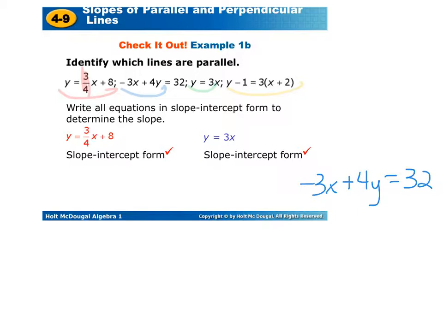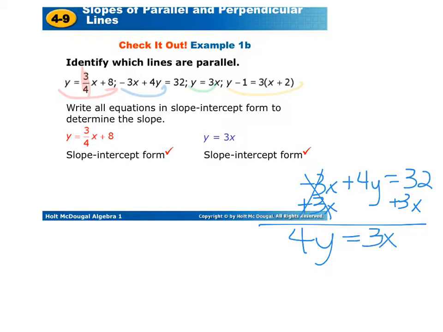What do I need to do to get y by itself? I need to rearrange it. Move the x over first. Good. So plus 3x. So now it's away from the y. And now I'm going to divide everything by 4.